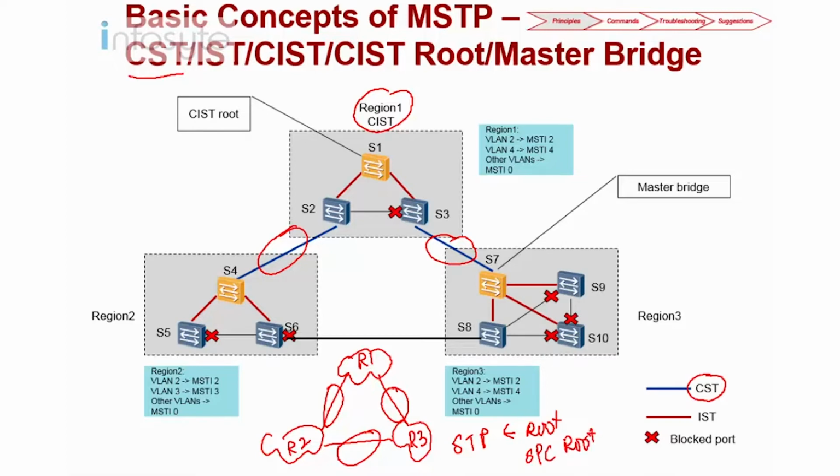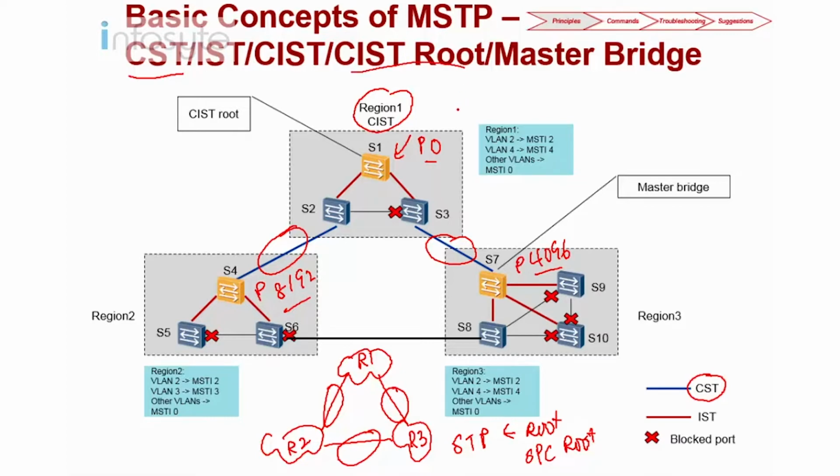As you can see, I have 3 regions, and inside these 3 regions, S1 is the root because it has a priority of 0, let's say. And let's say switch 7 has a priority of 4096, and switch 4 has a priority of 8192. They are going to do a comparison, and the highest priority here will become the CIST root.